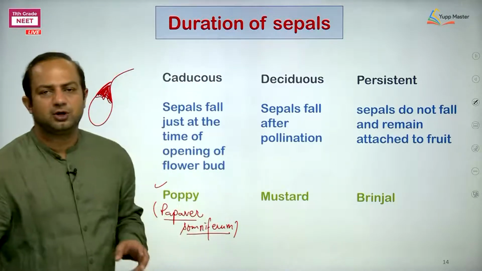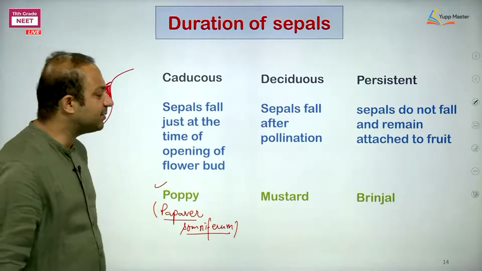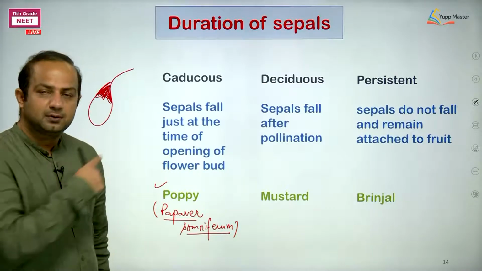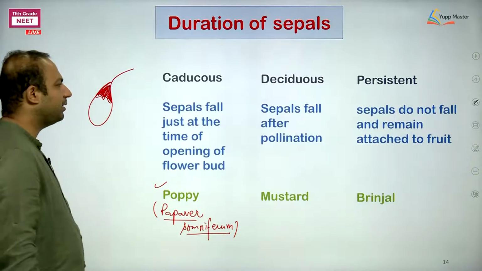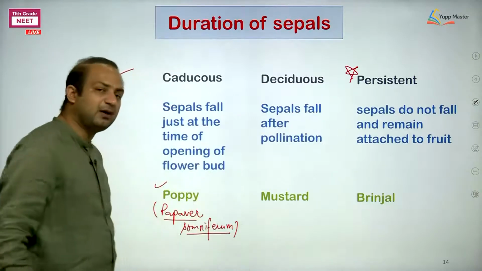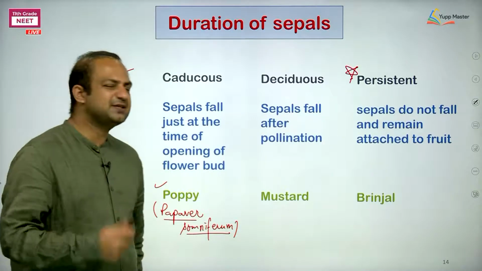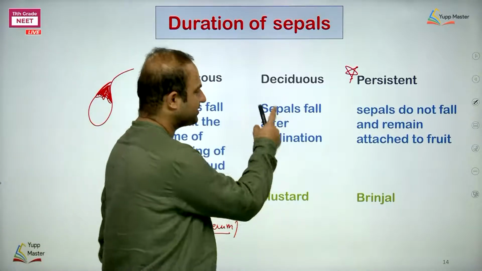Not only brinjal. We can mention the same thing about the examples from the same group, same family, that is tomato, chili, etc. Okay. Remember about which one? Persistent. Even for sunflower, persistent. Clear? For the case of Trapa natans, the first one, persistent.